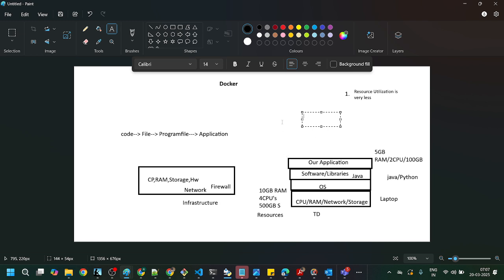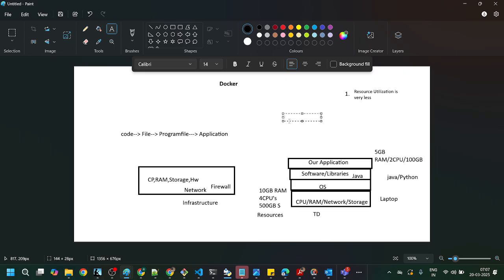So in the traditional model, we were not deploying multiple applications onto the same server. We made those applications isolated from each other.